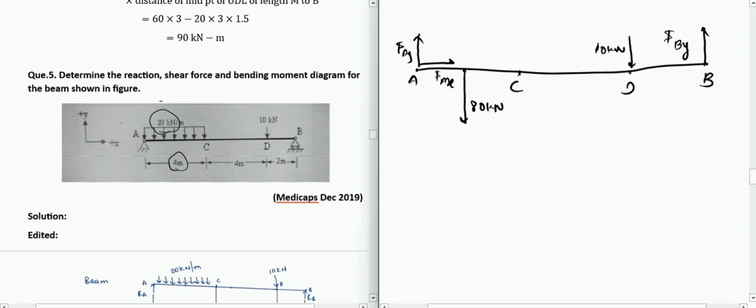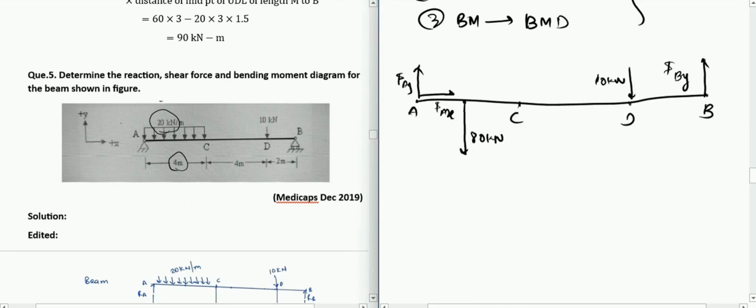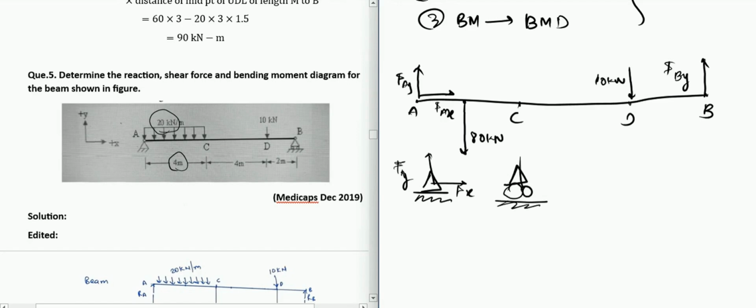Whenever there is a hinge support, as explained earlier, we need to give forces in both directions, that is, Fy and Fx. If this is the y direction, this is the x direction. If there is a roller support, then we need to give force only in the y direction, so Fy.